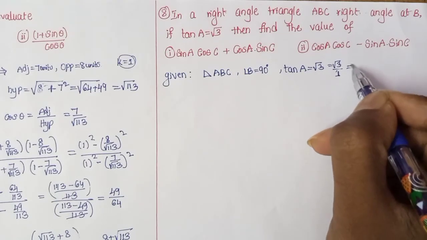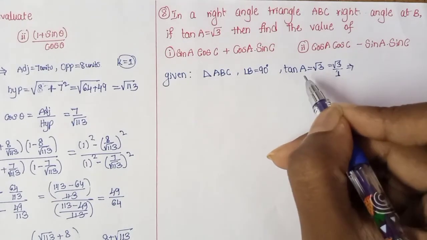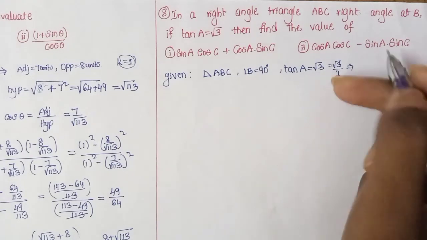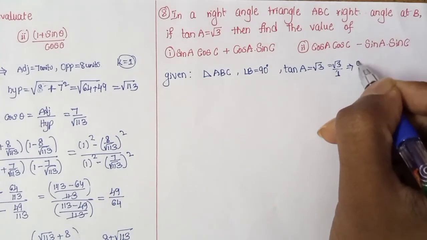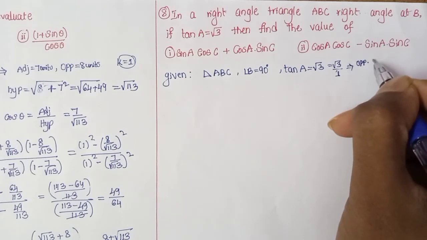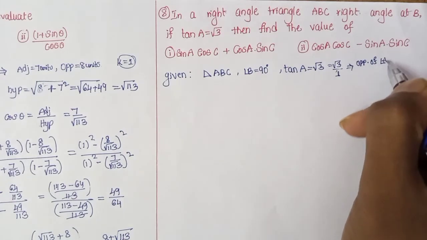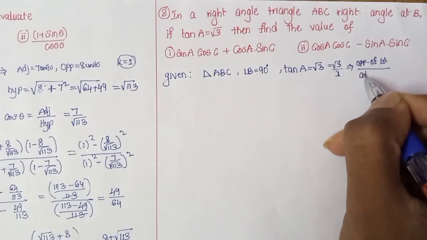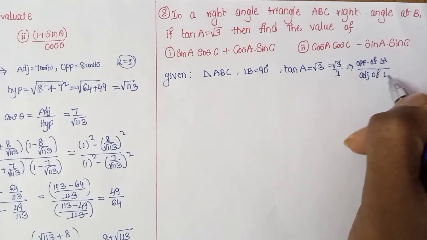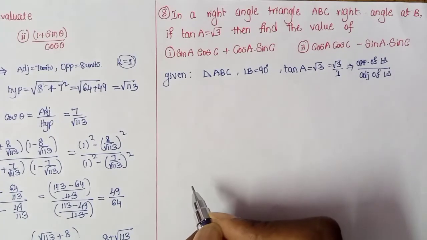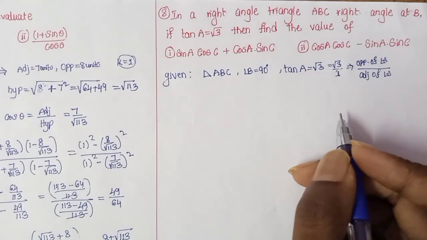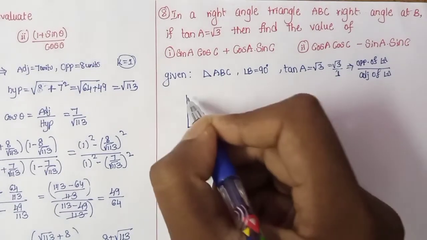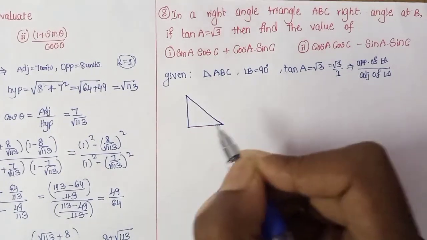What is the definition for the tan? The definition of tan A is the opposite side of angle A divided by the adjacent side of angle A. So from this relation, let us draw a right angle triangle here.